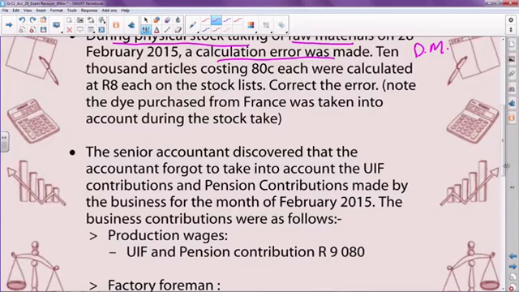Right, next bit of information. The senior accountant discovered that the accountant forgot to take into account the UIF contributions and pension contributions made by the business for the month of February 2015. The business contributions were as follows.